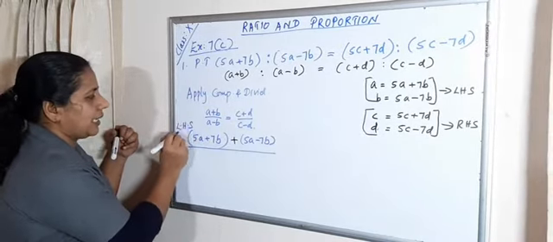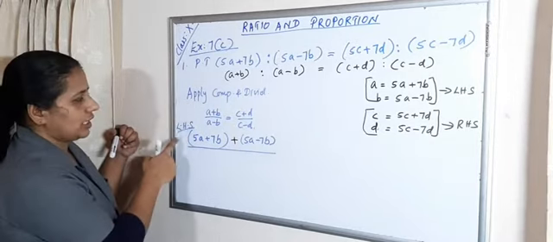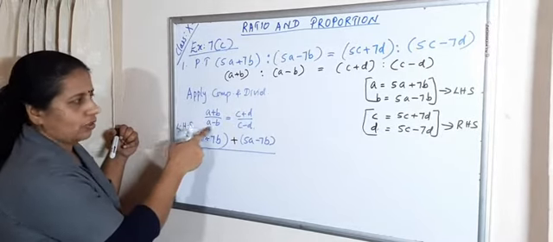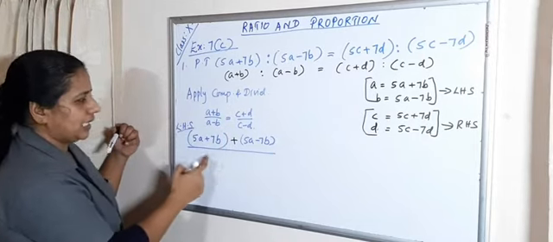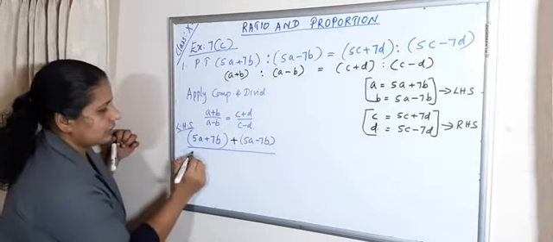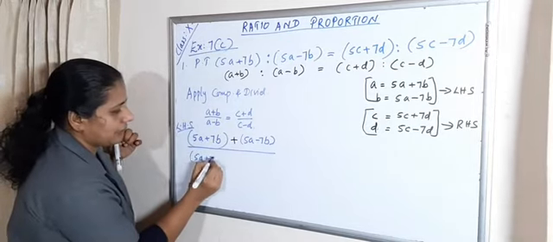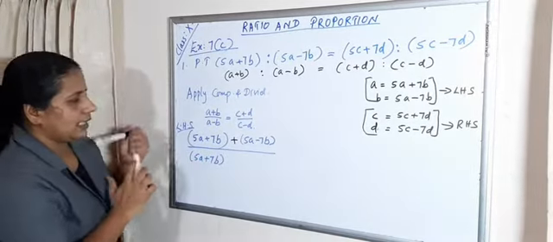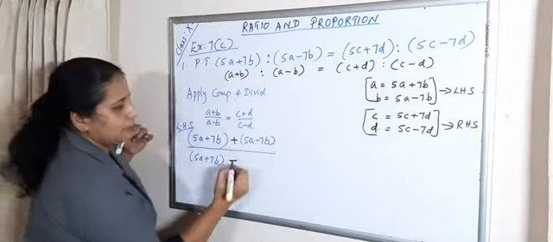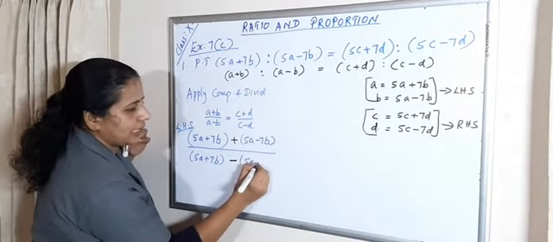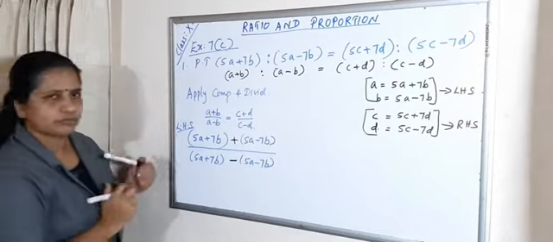I am applying componendo and dividendo in the LHS part, that is this part only. So A + B: this is 5A + 7B plus, then A - B: minus, what is B? B is 5A - 7B.